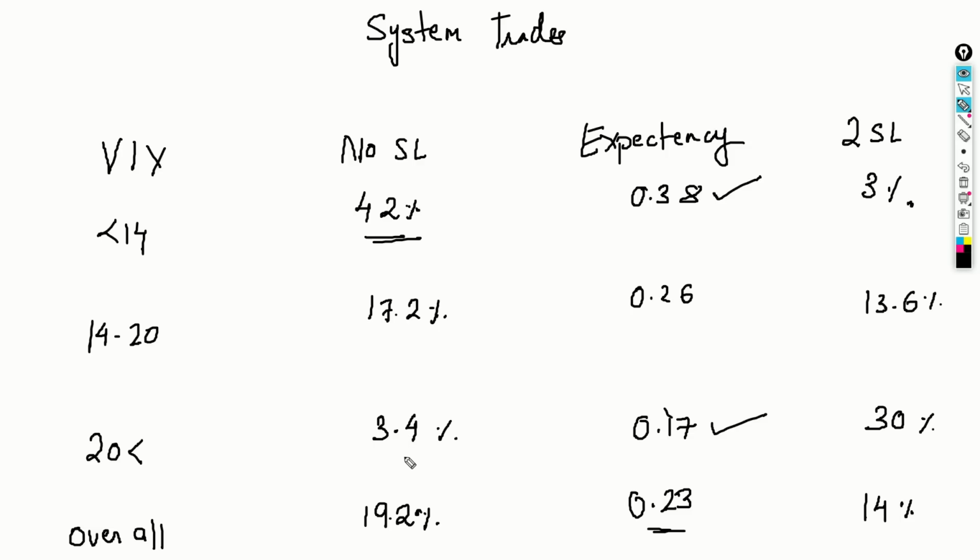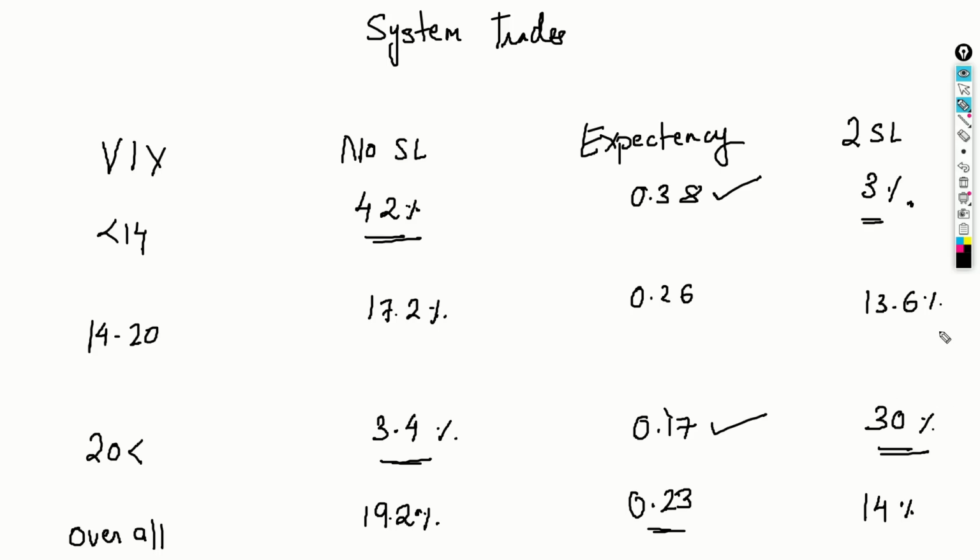But if VIX is above 20, there are close to around just 3% of the days when no stop loss was triggered. And not just that, when we come to where two stop losses were triggered, so when VIX is under 14, there are only 3% of the days when both stop losses were triggered, whereas when the VIX is greater than 20, there is close to around 30% of the days when both the stop losses were triggered.